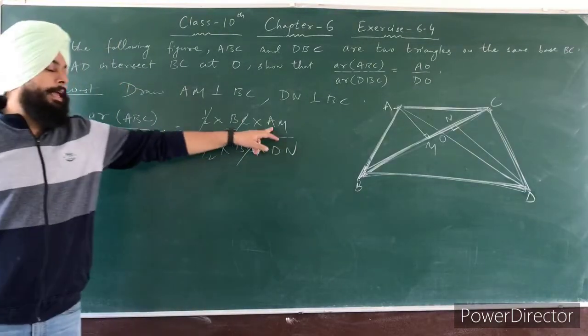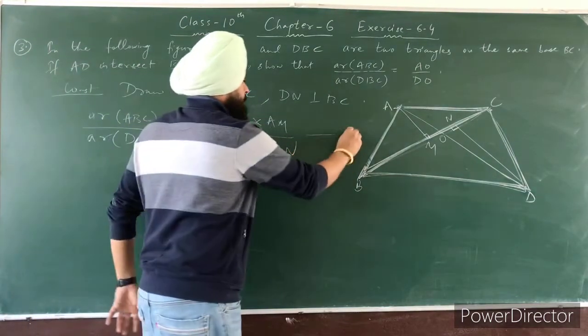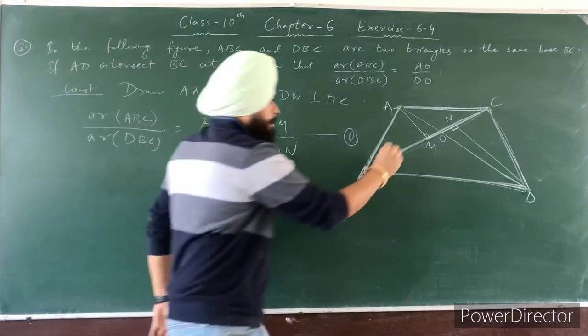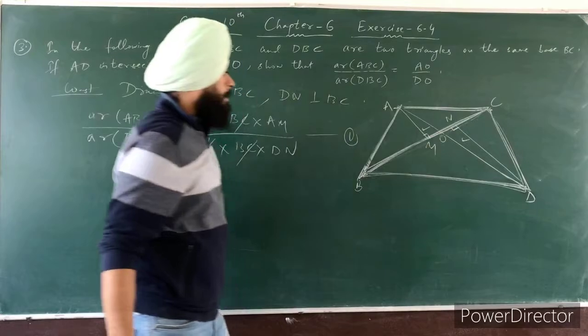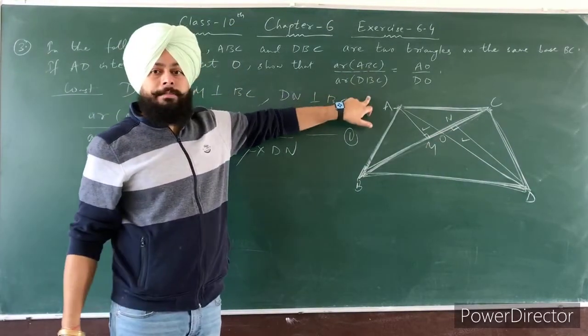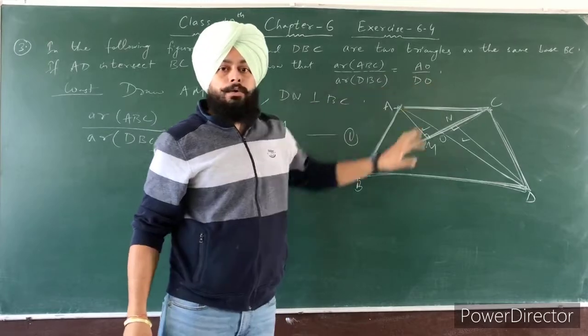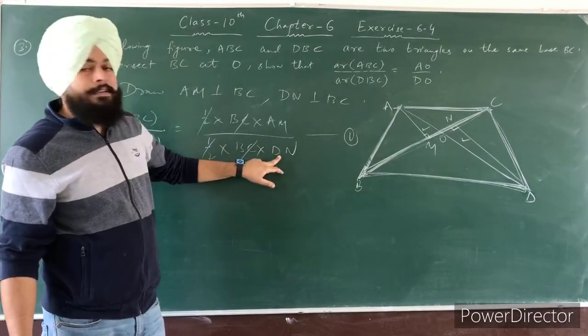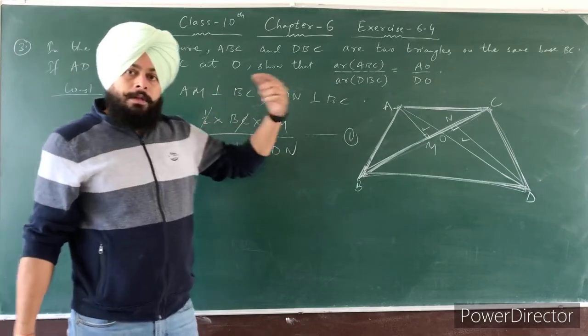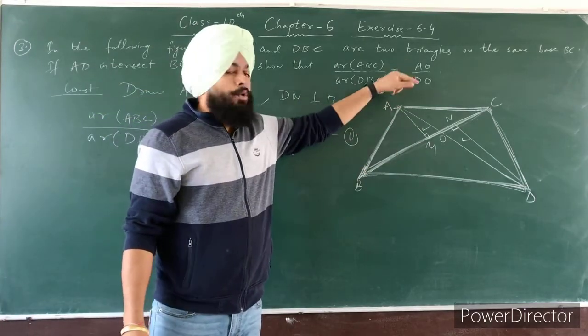So what is left here? AM over DN. So take this as equation number 1. Now in this question we have to show that the area of ABC over area of DBC is equal to AO over DO. But here AM over DN comes. So you can prove AM over DN equal to AO over DO.